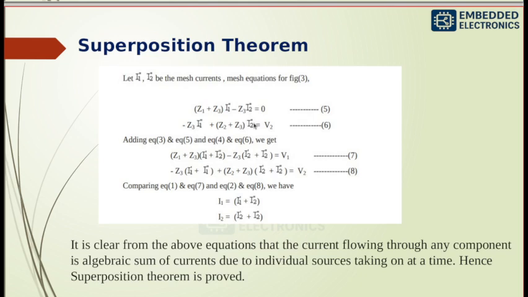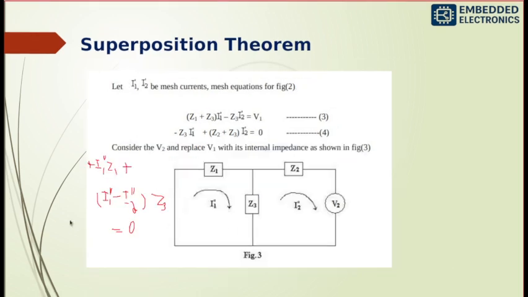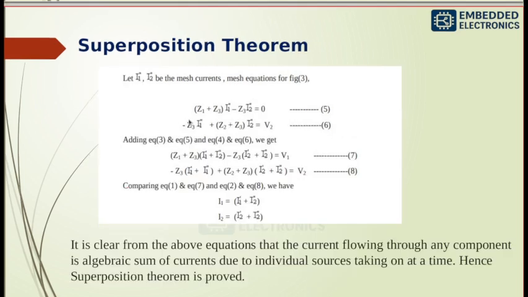Now you need to take I2 double dash common, and for this I1 double dash you need to take common, then the equation should look like this. This is equation 5.